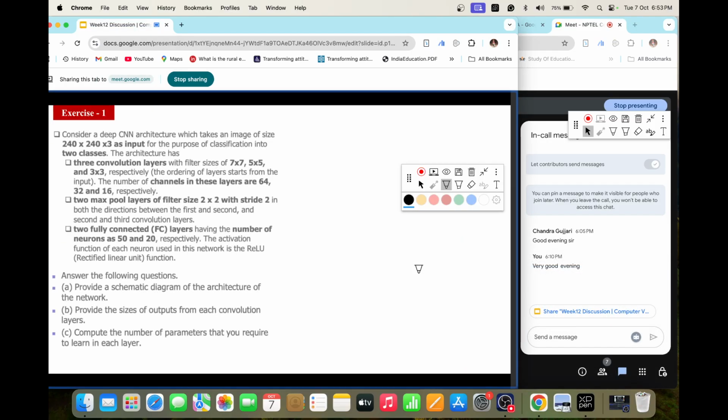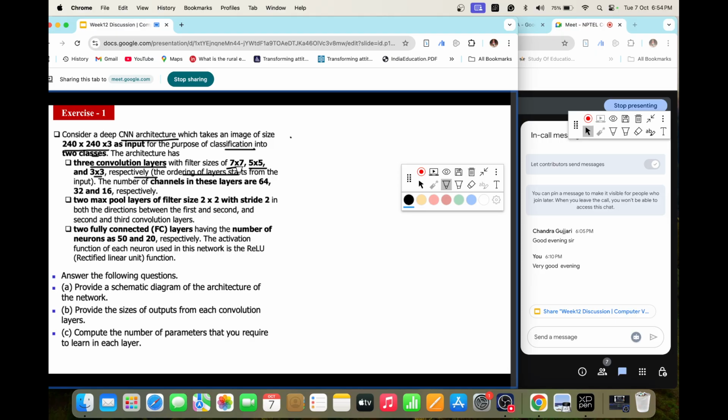So after this, this is an exercise question. This is the first exercise question. Consider a deep CNN architecture which takes an image of size 240 cross 240 cross 3 as input for the purpose of classification into two classes. It has 3 convolution layers with filter sizes 7 cross 7, 5 cross 5, 3 cross 3 respectively.